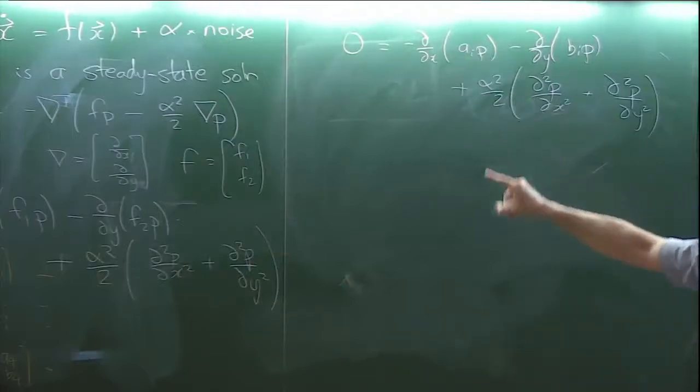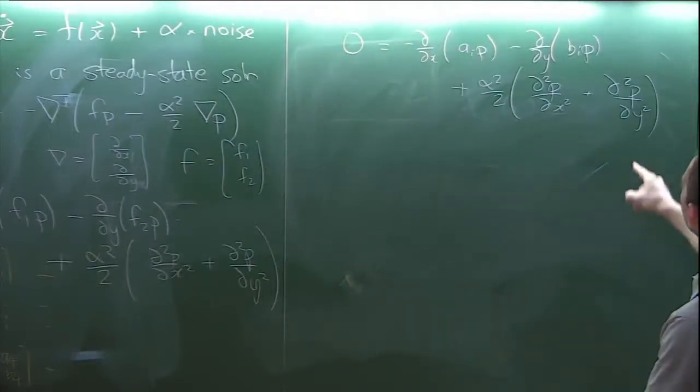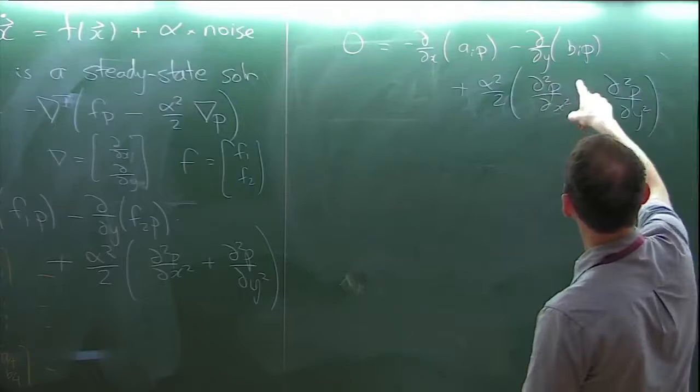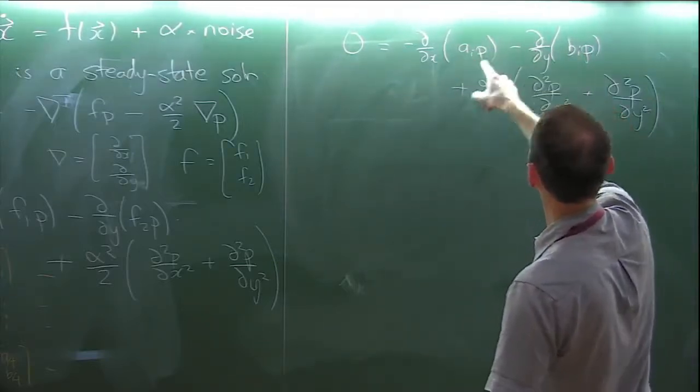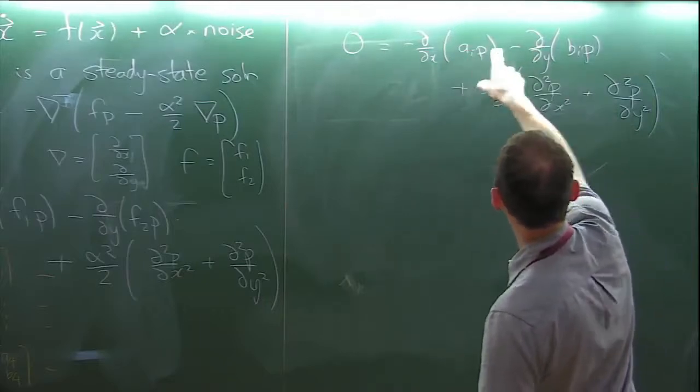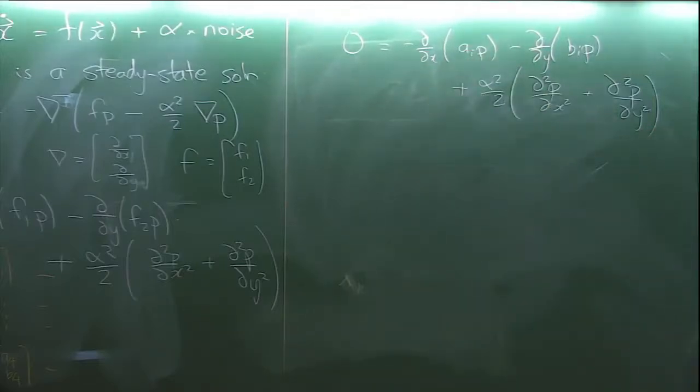I think it's a fairly simple PDE, right? You've got this Laplacian plus a couple of linear terms. The Ai and Bi are just constants. I could bring the Ai and the Bi outside the brackets. So I think it's a very simple PDE.